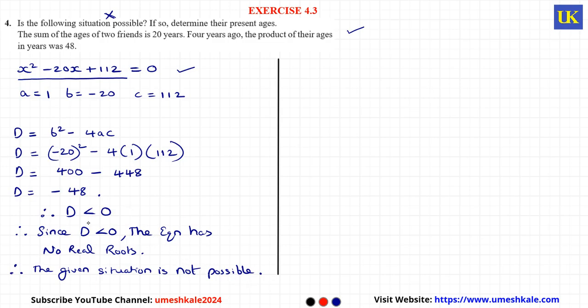So because the D value we are getting is less than 0, the situation is not possible. This completes our answer for this question, and we have to write at the end that the given situation is not possible.